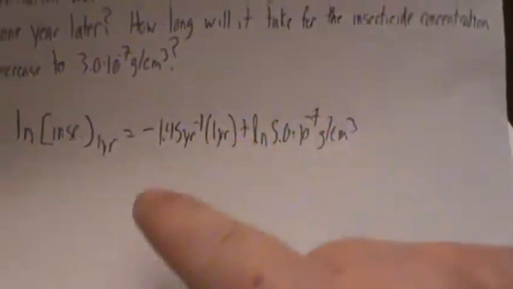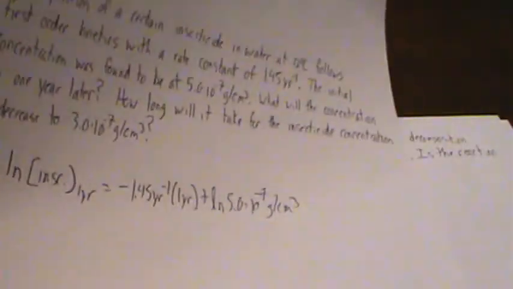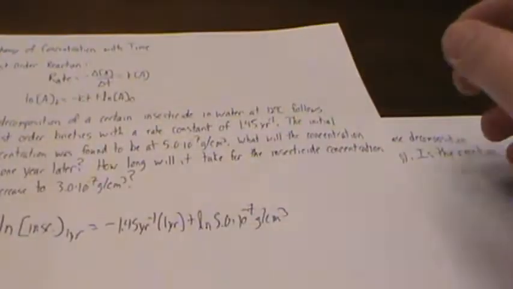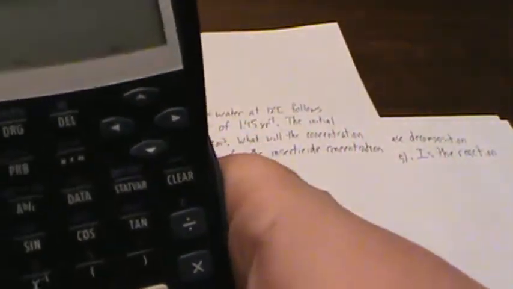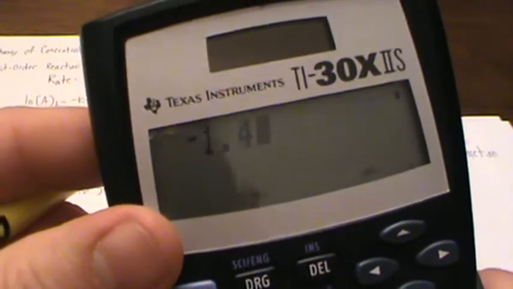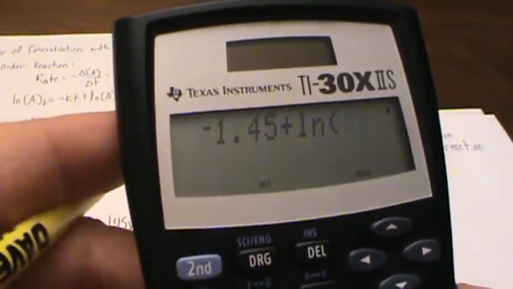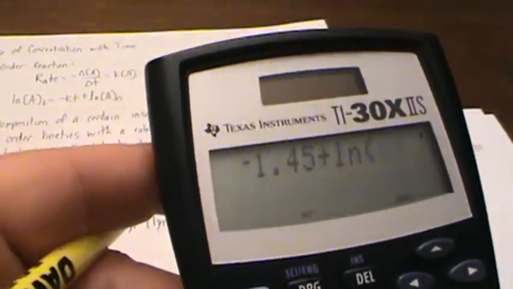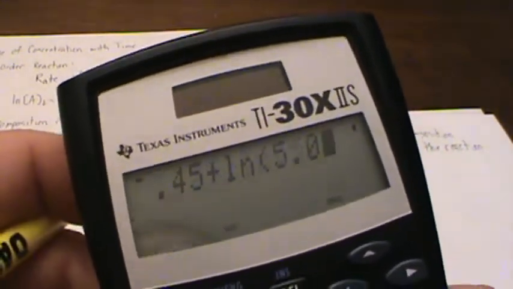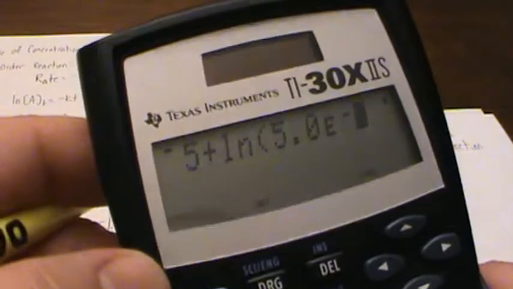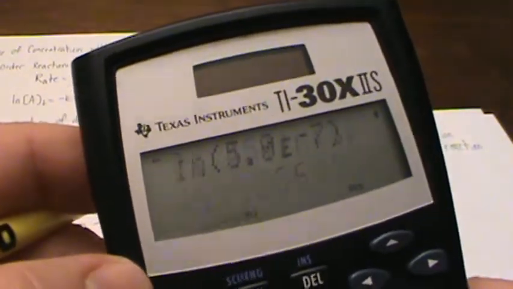So let's put this part in first into our calculator. So negative 1.45 times 1, negative 1.45 plus then the natural log of our initial concentration, which was 5.0 times 10 to the negative 7th grams per cubic centimeter.